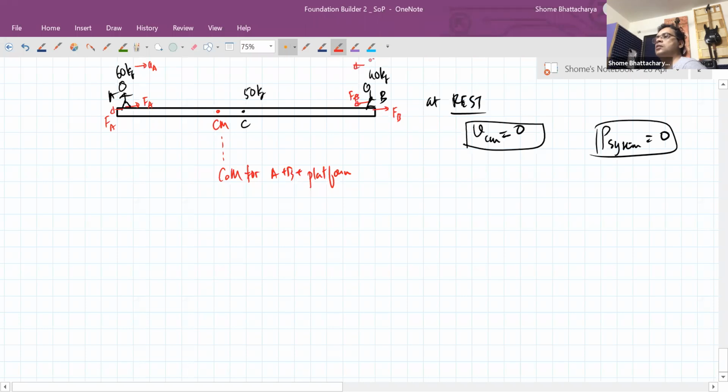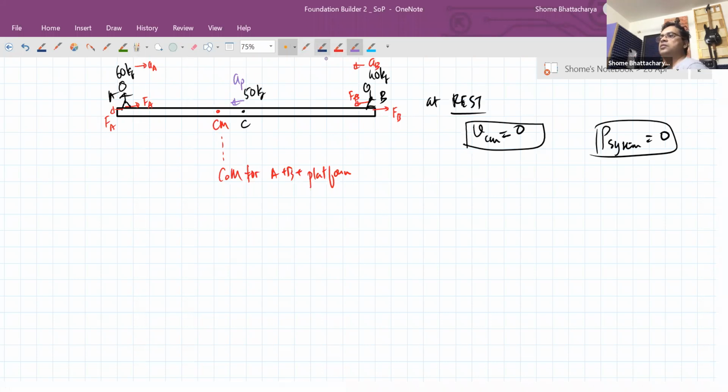And because of that, let us say the platform also gains some acceleration in this direction. This is the acceleration of the platform. The platform starts slipping on the floor.